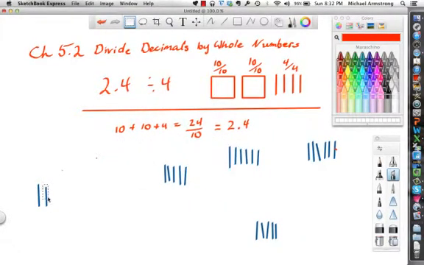And pretty soon we're going to count these, and I'm guessing that we will have 6 in each group if I did it right. Let's do a little circle here. We got this group.